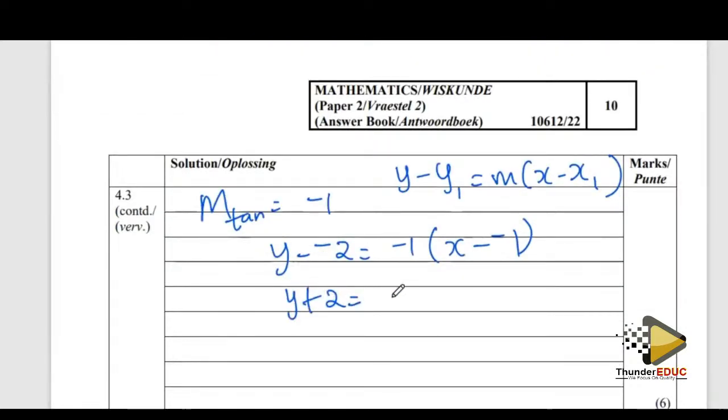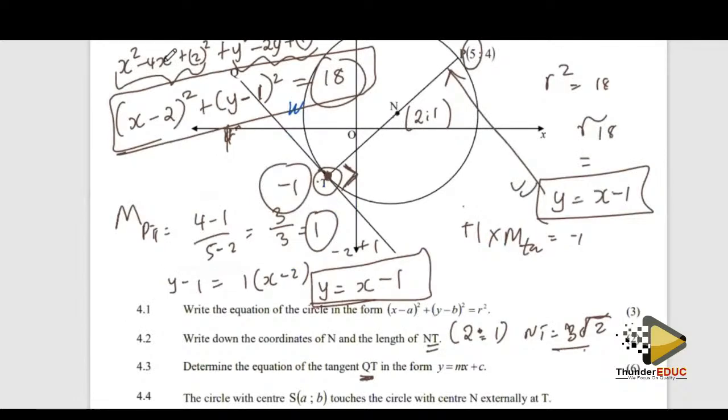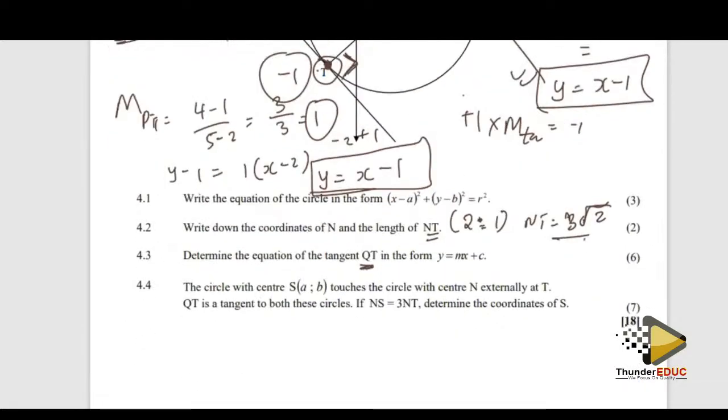So y + 2 = −x − 1. When I move the 2 that side, y is going to be −x − 3. That is what I'm getting for the equation of the tangent. If you have a quicker way, you can always share it with us. Thank you.